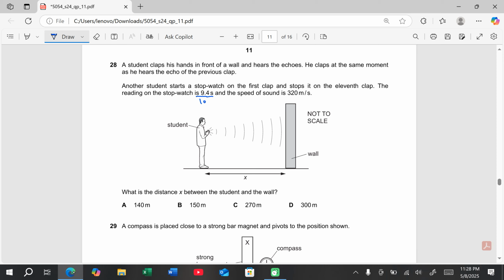So I'm going to get time for 1, which is 0.94, and then I'm going to use v equals 2x over t, which is the formula of echo. Speed is 320, times 0.94, and then you need to divide this by 2 as well.